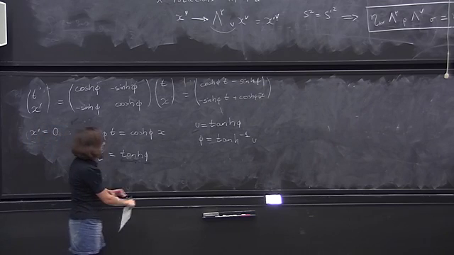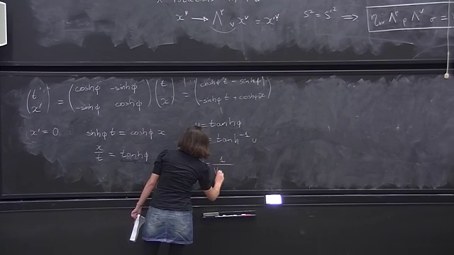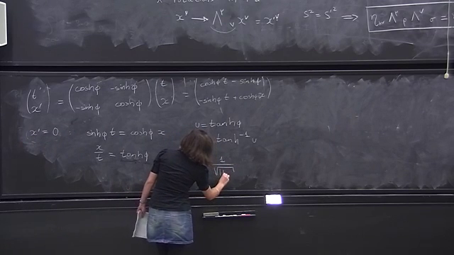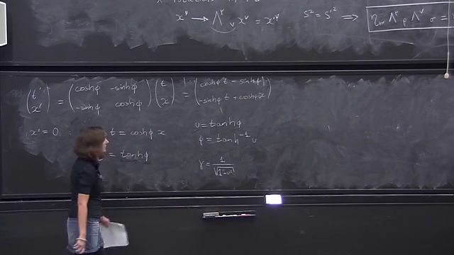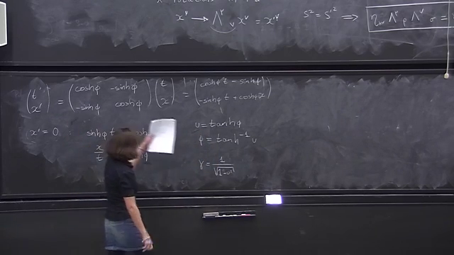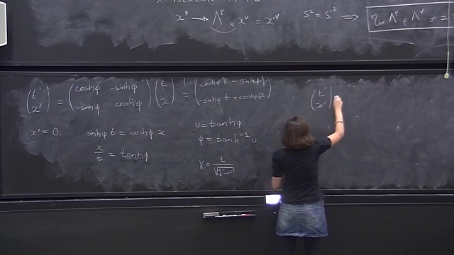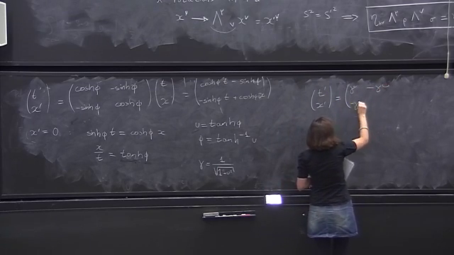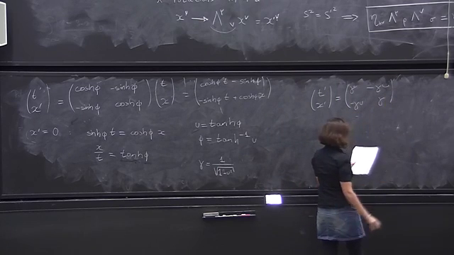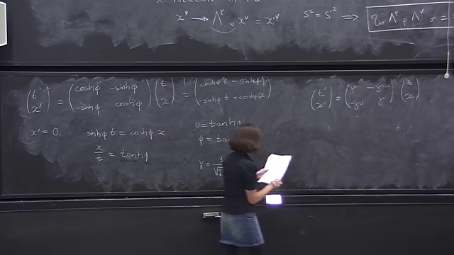And if I also define gamma to be 1 over the root of 1 minus v squared, then I can write this Lorentz transformation as t prime, x prime equals gamma, minus gamma v, minus gamma v, gamma, times t, x.